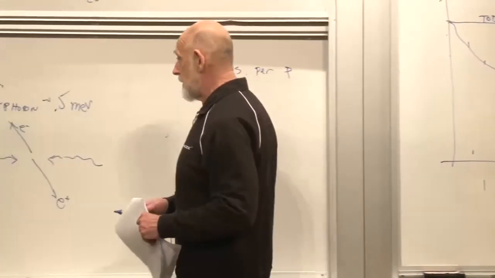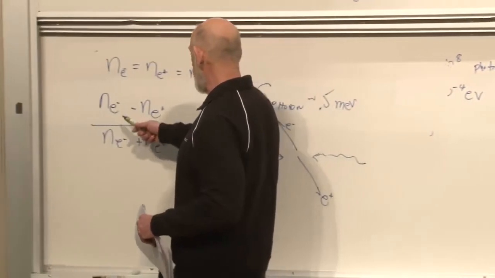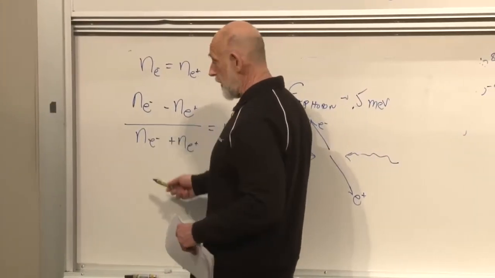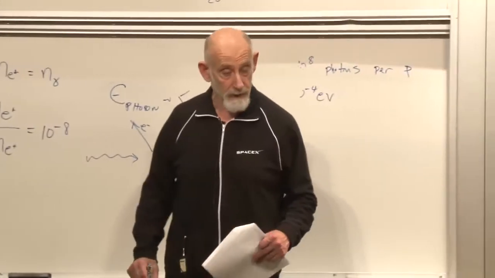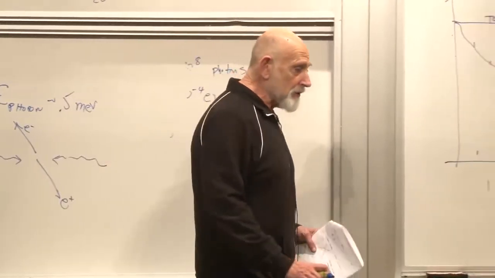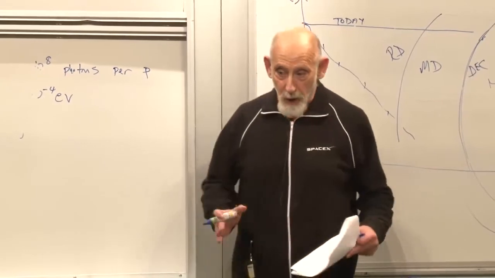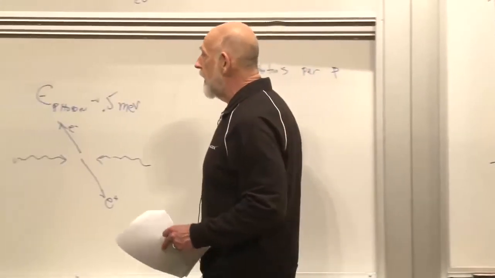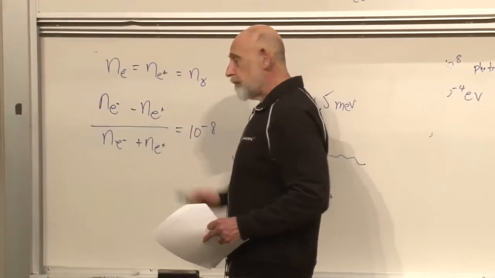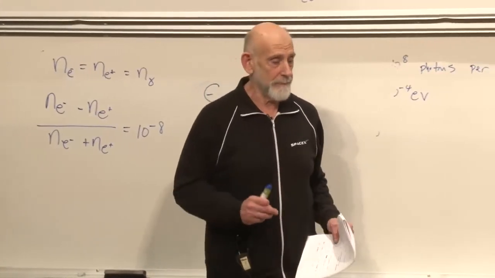Why is this difference so much smaller than the total number of electrons and positrons? The question is not how did the number of photons get to be large. It's why is the excess of minus charges over plus charges so terribly tiny.